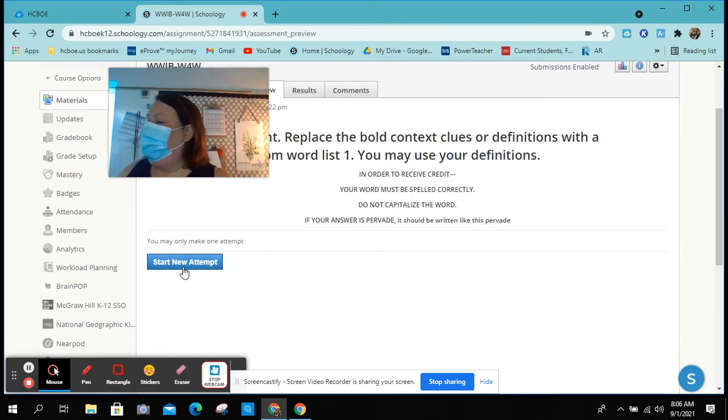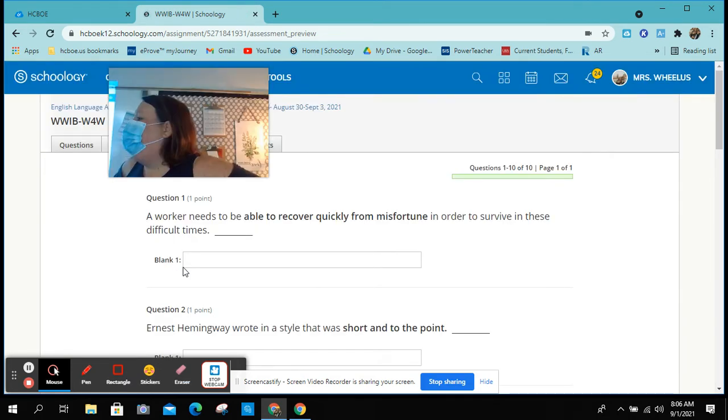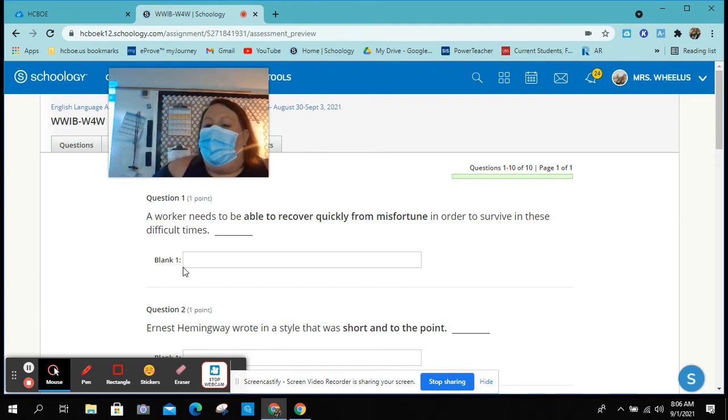You're going to go ahead and click Start New Attempt. I'm going to do the first one with you. A worker needs to be able to recover quickly from misfortune in order to survive in these difficult times. Now, using your word list, you can go back and look at those definitions and you can find the word that says able to recover quickly from misfortune.